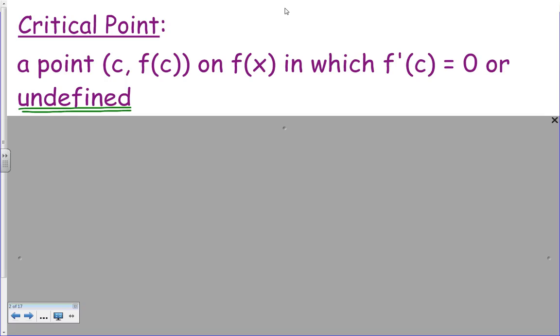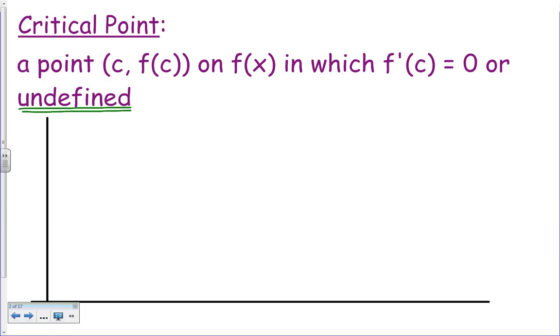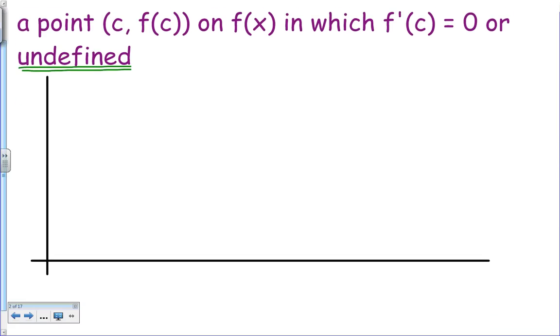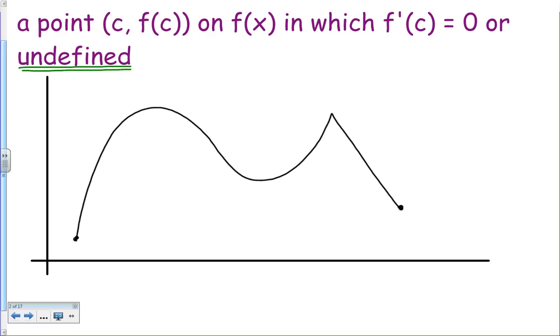All right, so let's look at a sketch here of a function that has some critical points in it. Let's just sketch a function that looks something like this. So this graph has a couple of different features here. First of all, you hit a maximum right here, and you hit a minimum right there. A high point and a low point on this function. And this would be where f prime of c is equal to 0 at these 2 points.